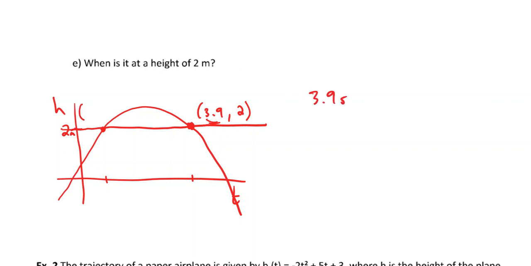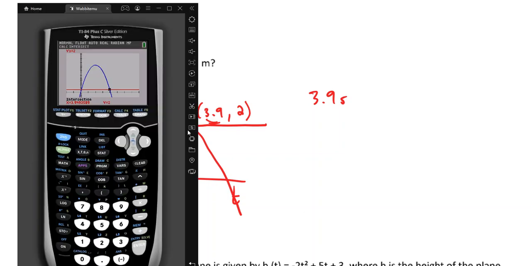Now we just need to find this one. So we'll just do the same thing. And whoop. Oh no, sorry, I gotta go calculate again. So now I'll go second, calculate, and then intersection again. So 5. And now I gotta keep pushing over until it gets closer.